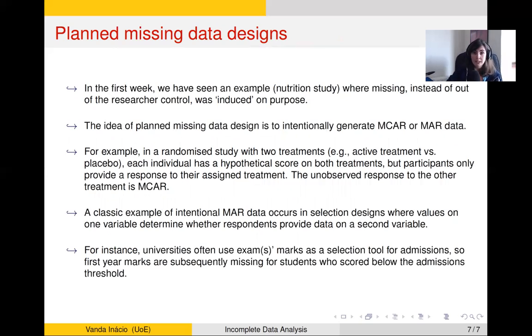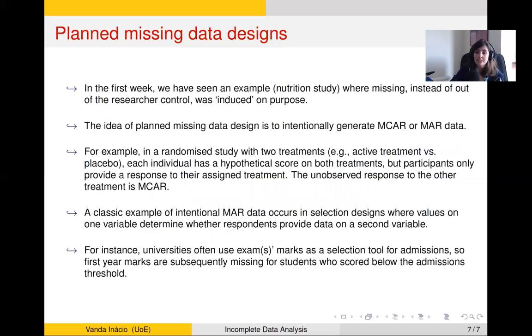And another way to avoid missing not at random, or to try to fall into the missing completely at random or missing at random cases, are the so-called planned missing data designs. We have seen such an example in week 1, so last week, where we had the example of the nutrition study, and we were interested in the long-term fat intake, but this is time consuming and expensive.